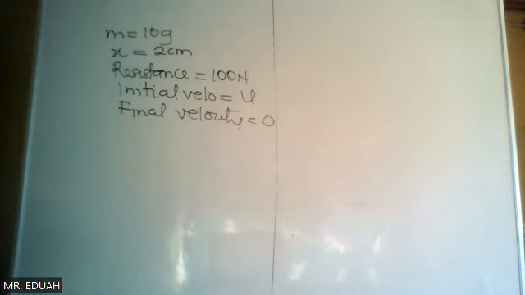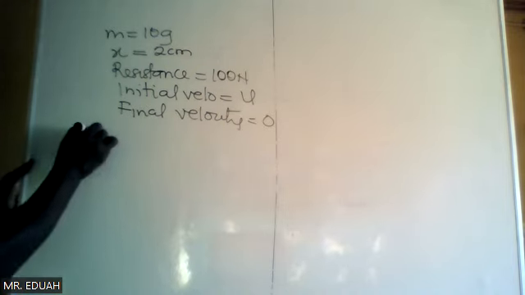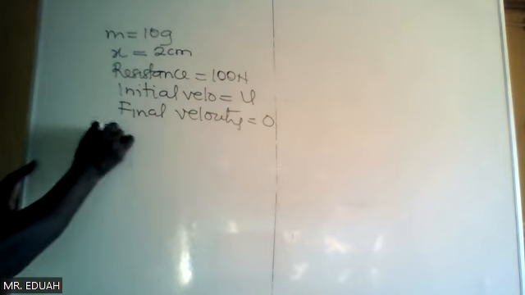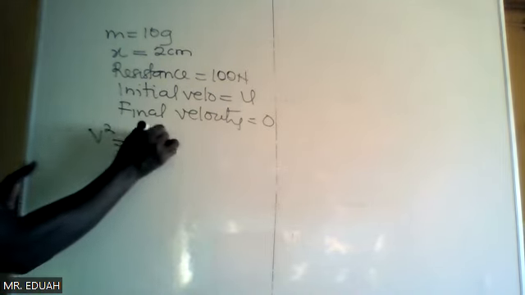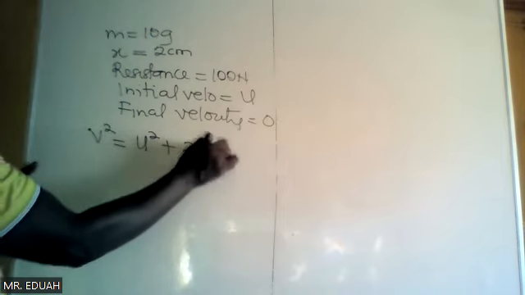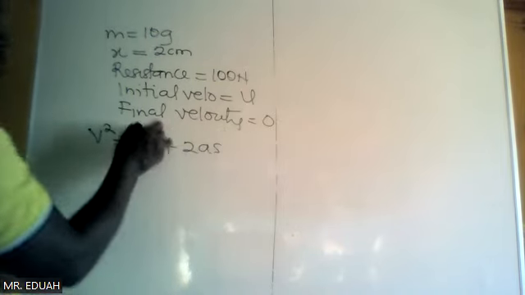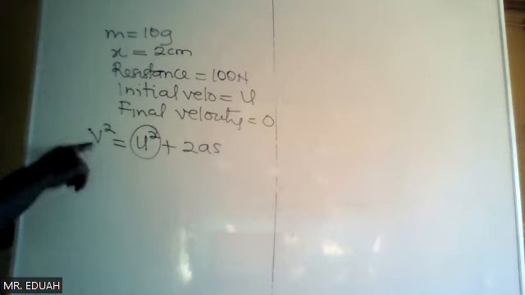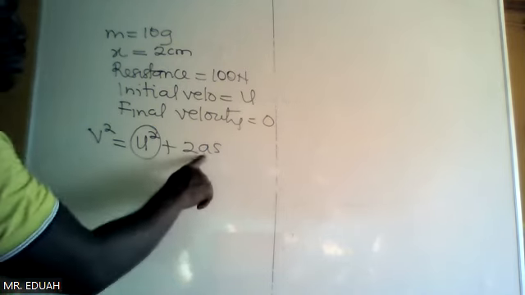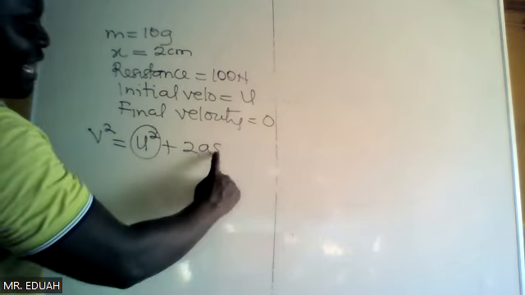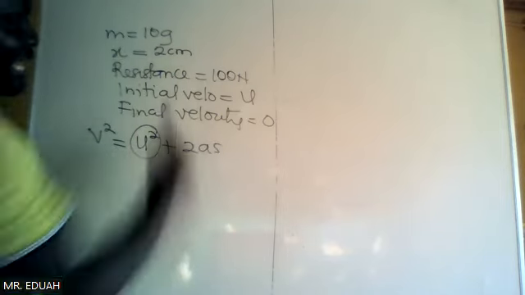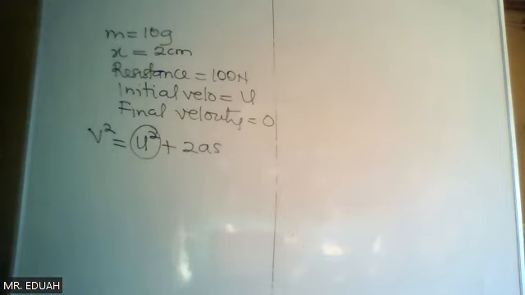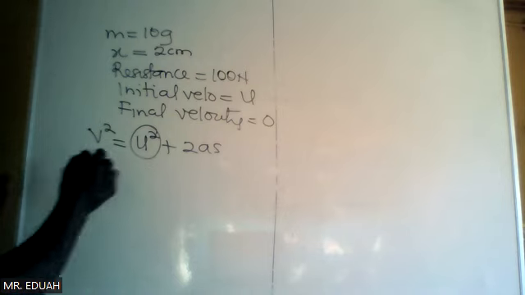So how do we determine the initial velocity? We use V squared is equal to U squared plus 2AS. We must be able to determine U, meaning we will need A. We have V is 0, and S is given to us as 2 centimeters. We will need acceleration. So how do we get the acceleration?